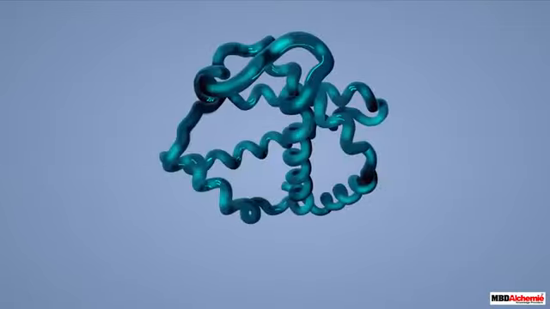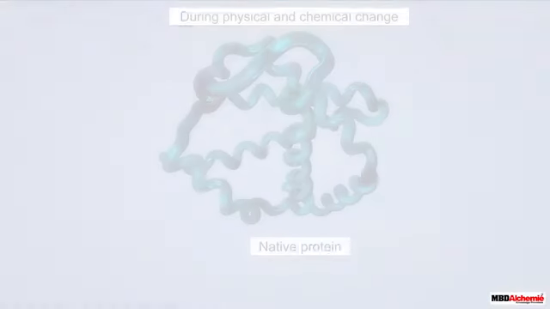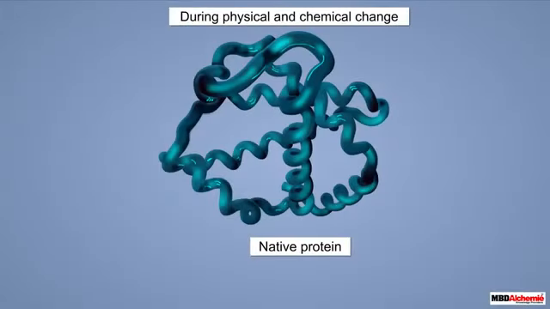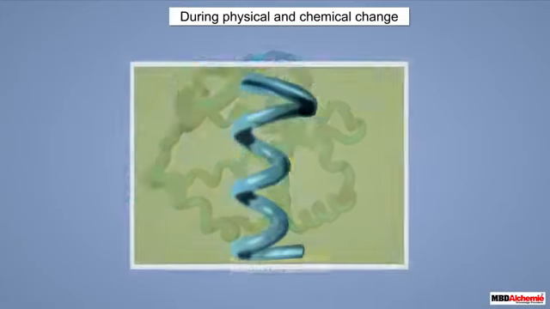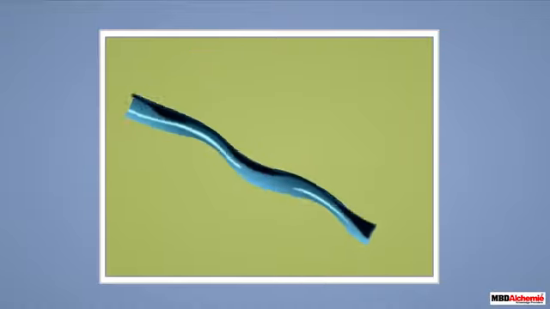The natural state in which a protein occurs is its native state, and a protein in its native state is called a native protein. A native protein is highly stable. However, if a native protein is subjected to physical or chemical changes such as temperature change or change in pH, the hydrogen bond gets disturbed, causing the shape of the protein to change.